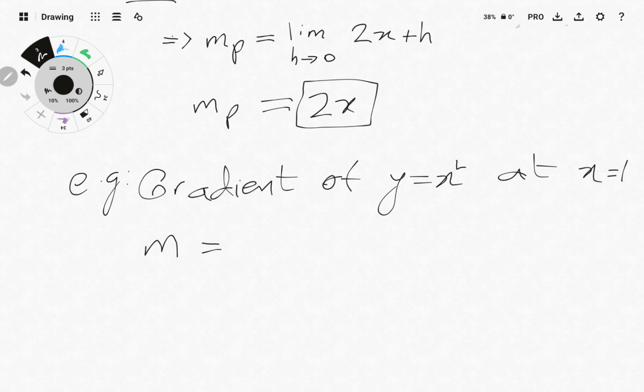So the gradient of the curve y equals x squared at x equals 1 is simply 2, and in place of x I plug in 1, and here you get 2. Isn't this amazing? You just got the gradient of the curve y equals x squared at x equals 1. You found the gradient of a curve without needing to explicitly draw a tangent.